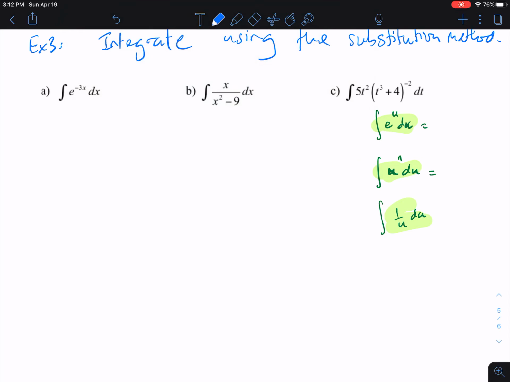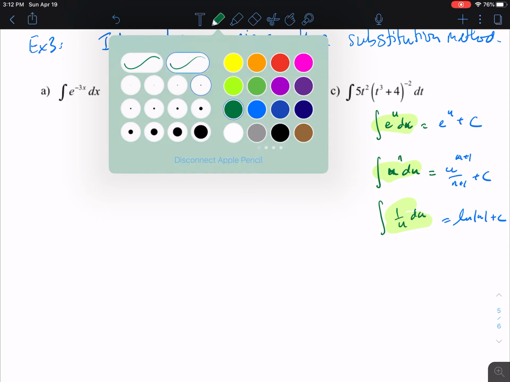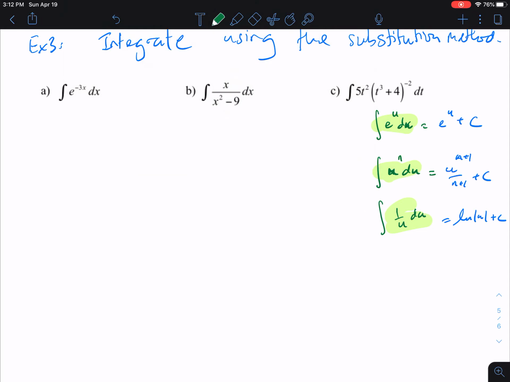Recall, this is just e to the u plus c. This is just u to the n plus 1 over n plus 1 plus c. And this is just the natural log of u plus c. So that's our goal, to get these indefinite integrals into one of those forms using the u substitution method, so that we can find the antiderivative quick and easy.